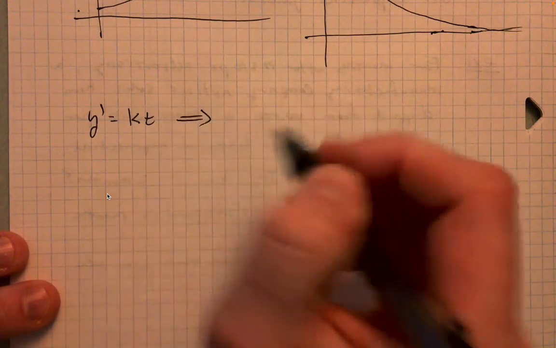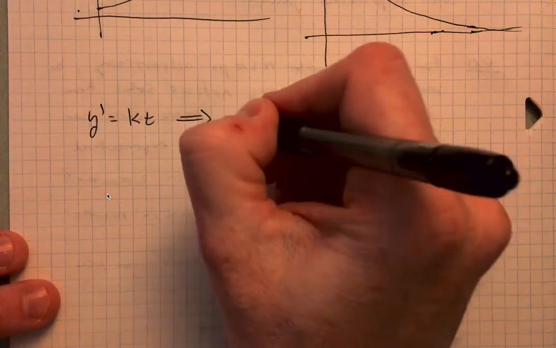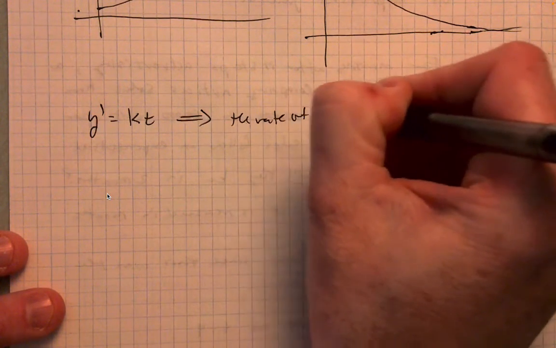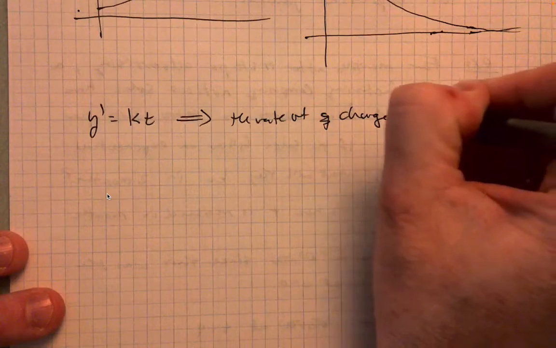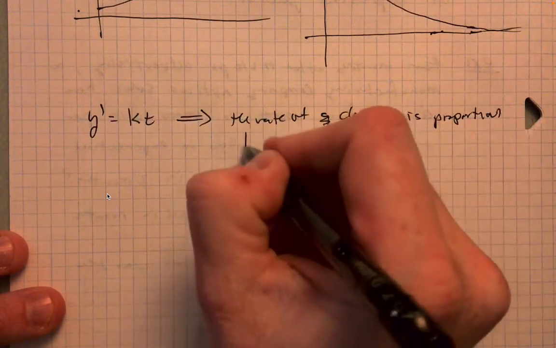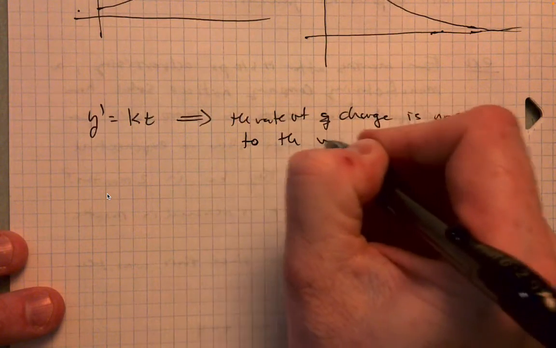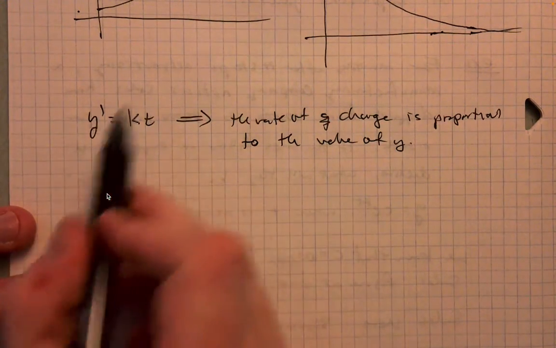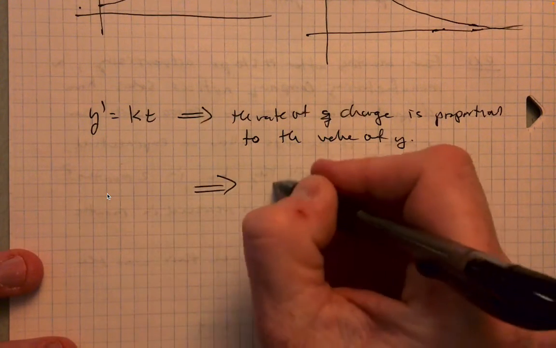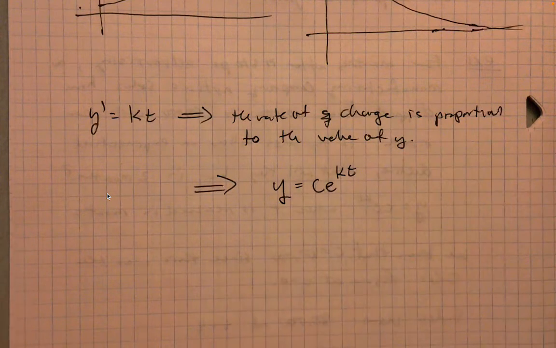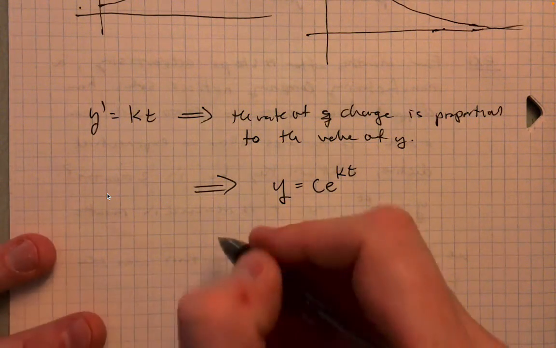Here we said that y prime equals ky means the rate of change is proportional to the value of y, right? And this sort of relationship implies a model that looks like this: y equals ce to the kt, and this is what's called a growth or decay model, depending on the value of k.